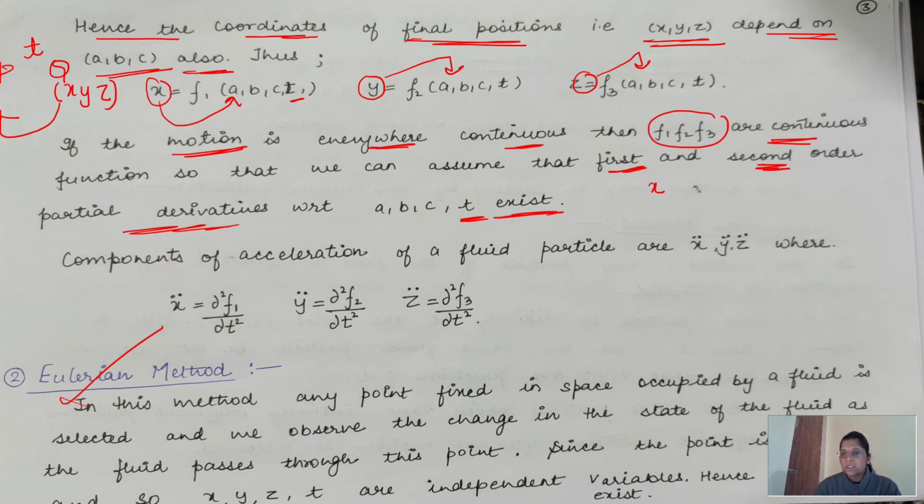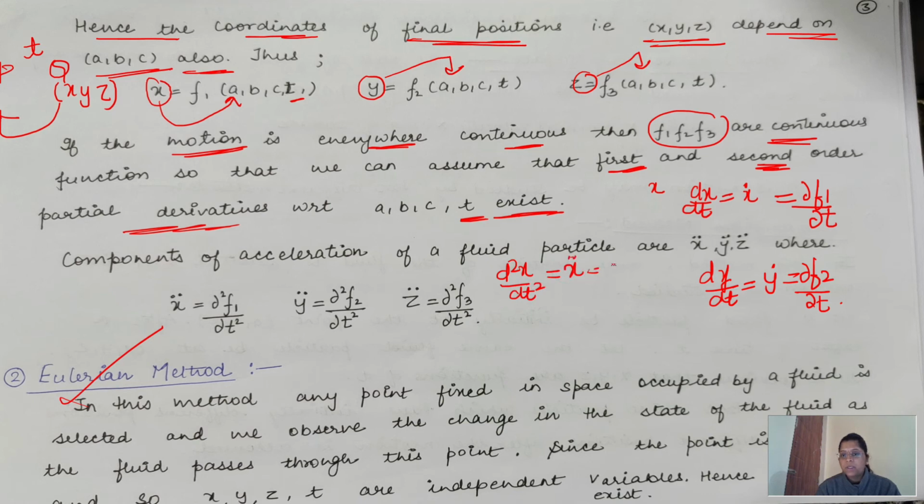Then how will it become? See, dx by dt can be represented by this, and this can also be written as del f1 by del t. Similarly, dy by dt we can write like this, as del f2 by del t. Similarly, we can find the acceleration d2x by dt square, which can be written like this, and we can also write it as del 2 f1 upon del t square.